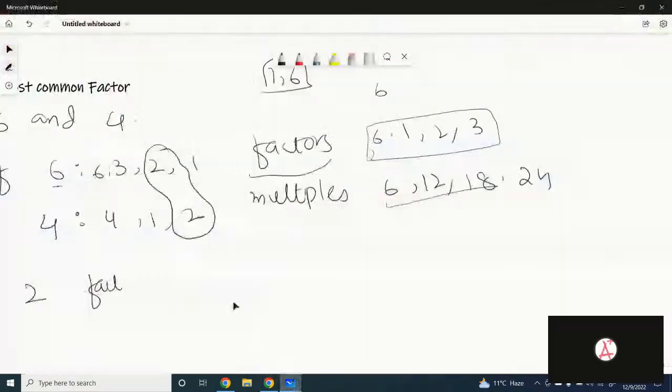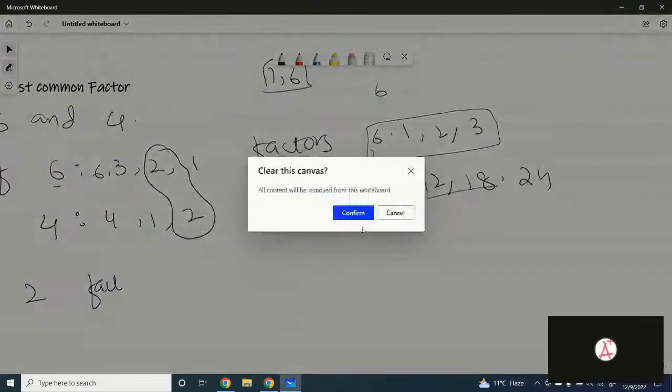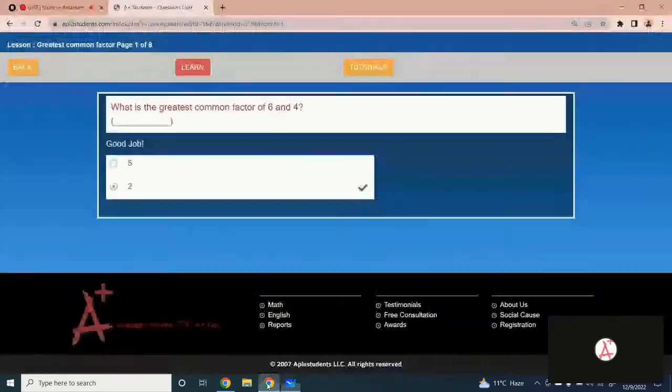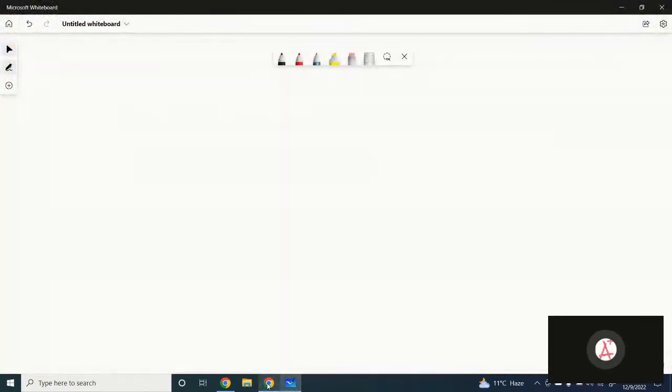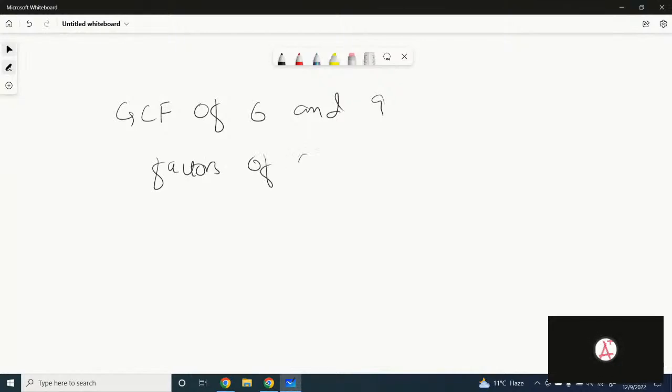The next one is, what is the greatest common factor of 6 and 9? Write the factors for both the numbers. The factors of 6 are 6 times 1 is 6 and 2 times 3 is 6.